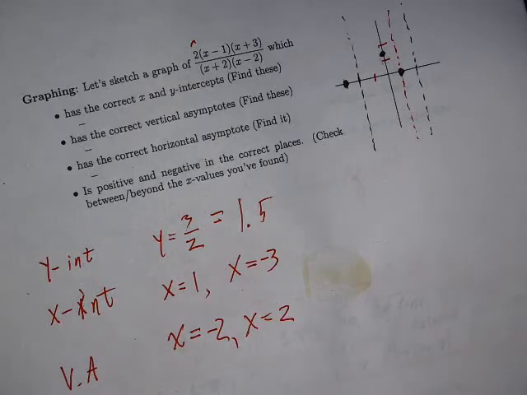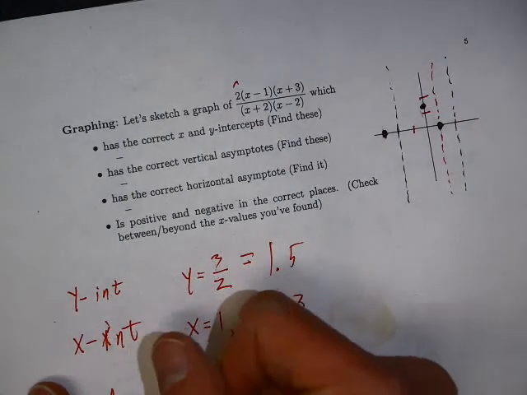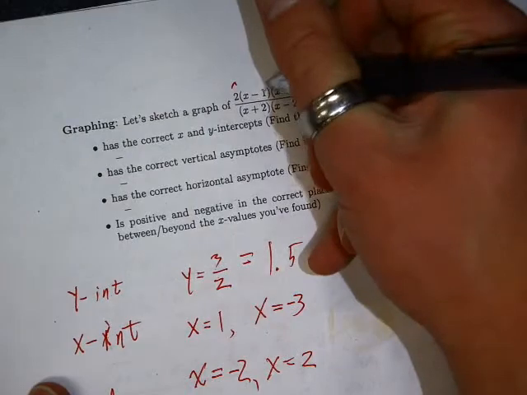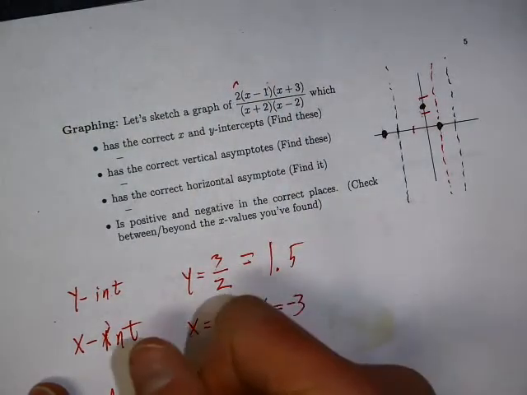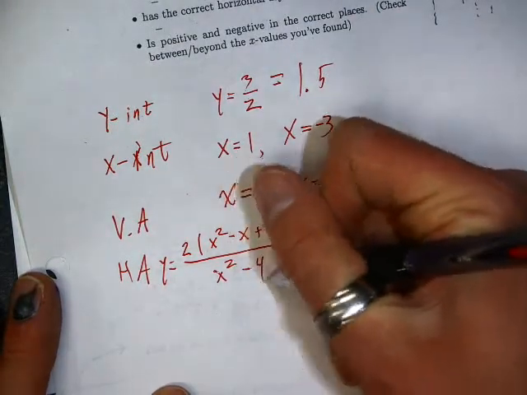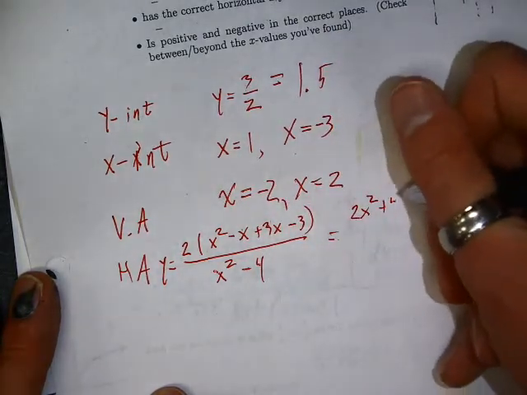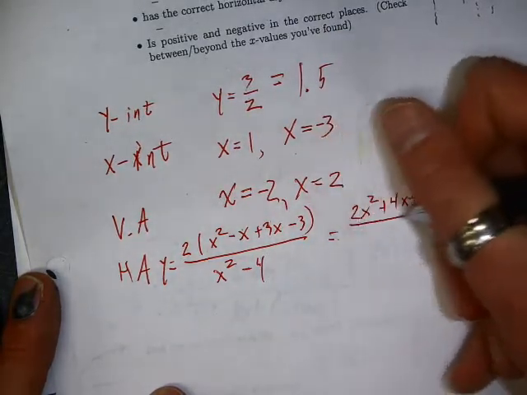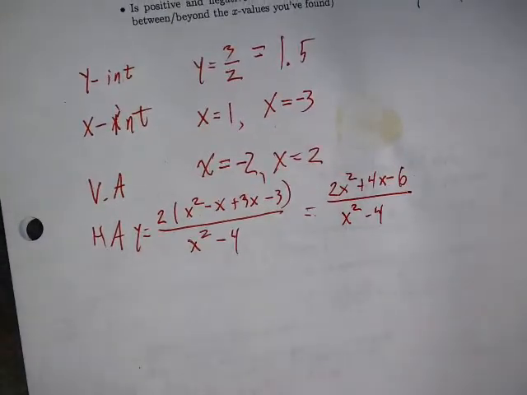If you wanted to get the horizontal asymptotes, maybe I'll even FOIL the thing out. It's small enough. You'll wind up in the numerator with 2 times x squared minus x plus 3x minus 3, all over x squared minus 4. Continuing to distribute, 2x squared plus 4x minus 6 divided by x squared minus 4. So that's what you get if you rewrite this rational function with some algebra.